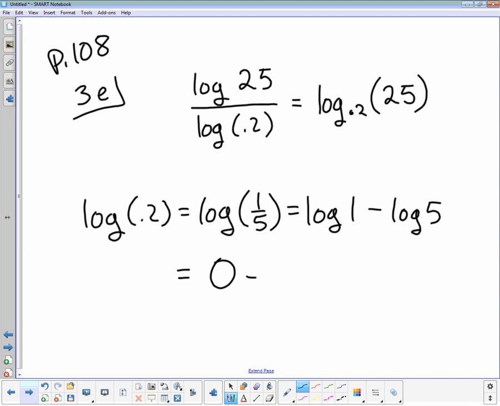Very good. So just plain old negative log base 5.